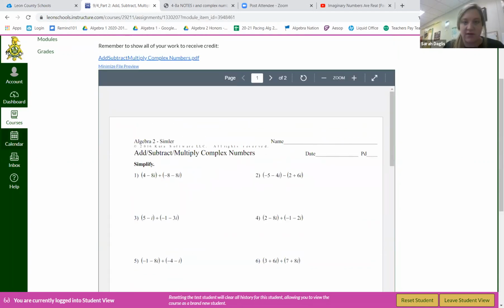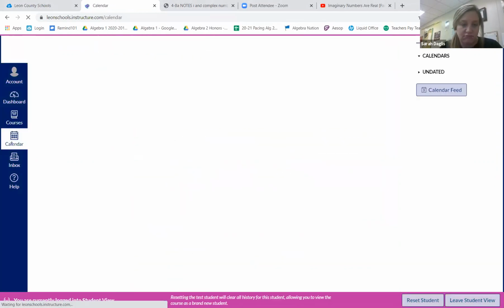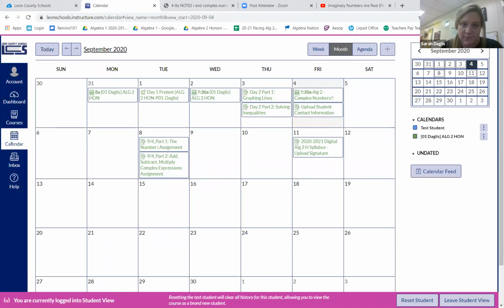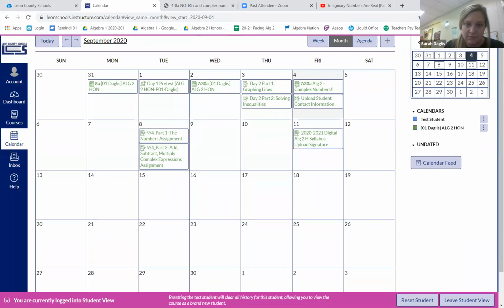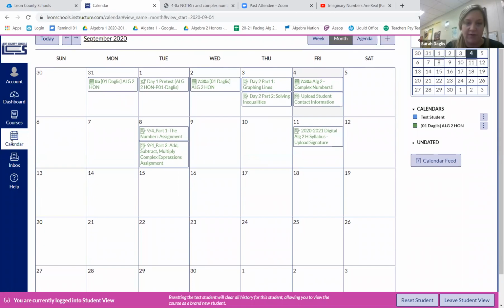Oh, it's the calendar. The calendar can tell you also. So right here, it tells you that both of your assignments today are due on September 8th. So if you ever need to know when anything is due, click on your calendar and it's going to tell you. I'm pretty sure all of our stuff is going to be in green.